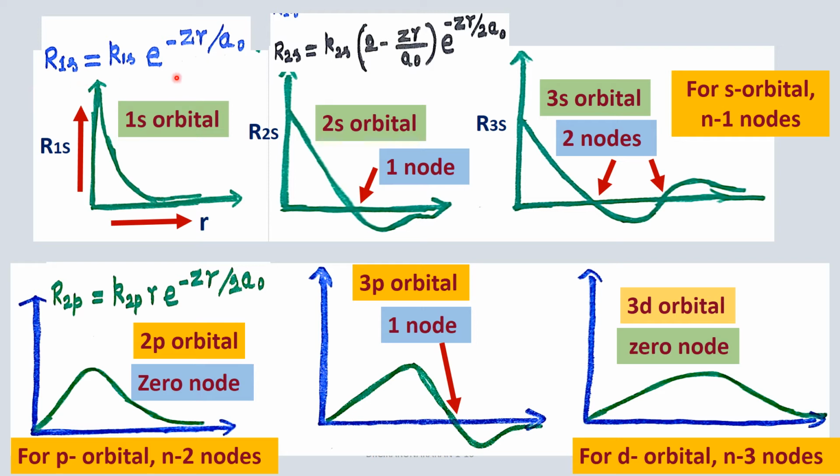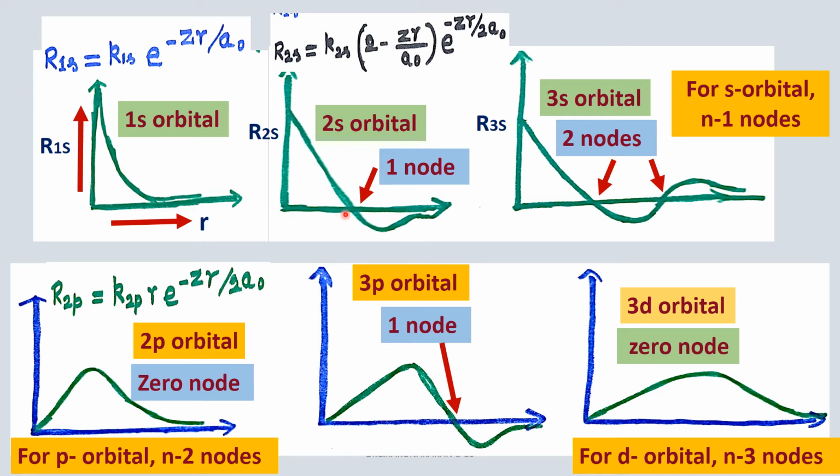The radial wave function plot for 1s orbital is shown here. Here R1s is on the y-axis and the radial distance r is on the x-axis. Then the plot for 2s orbital is shown.